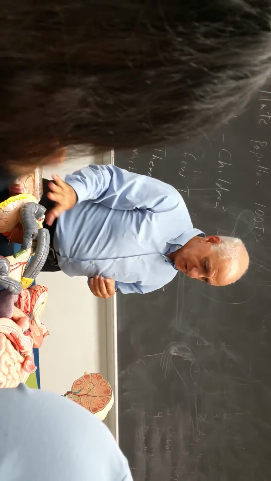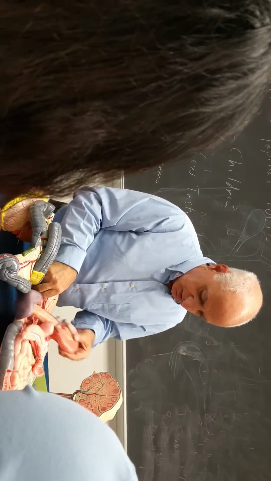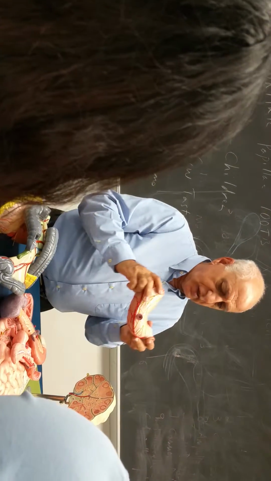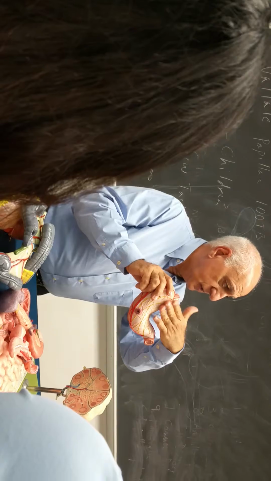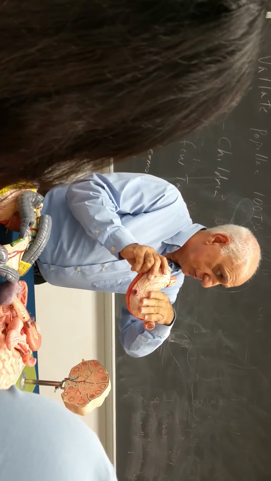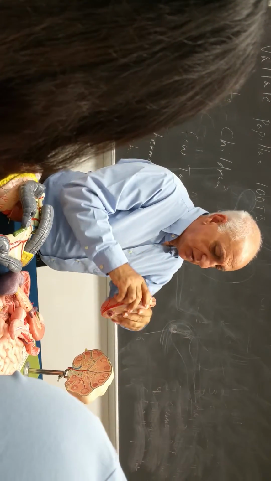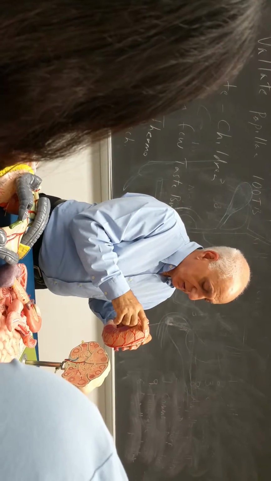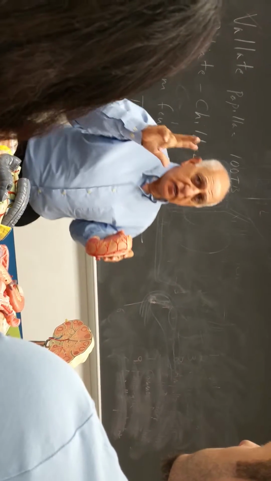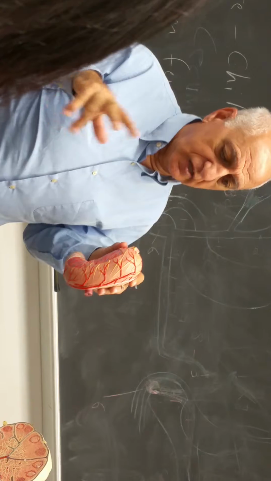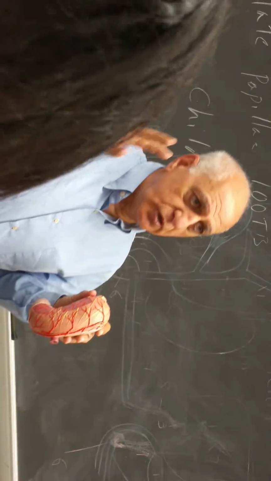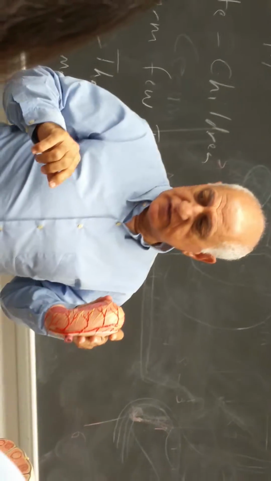So the stomach, we're still in the stomach, we did not finish it yet. The outer layer is serosa, as you know. After the serosa comes muscularis. Muscularis in the stomach is 3 layers, not like the small intestine. In the small intestine, it is just 2 layers. Muscularis in the small intestine is just what? Circular.